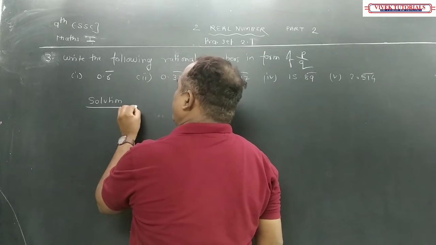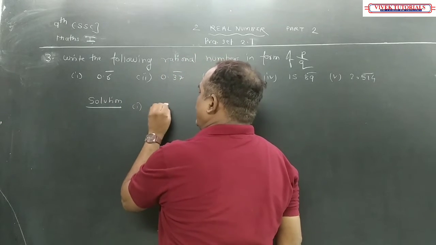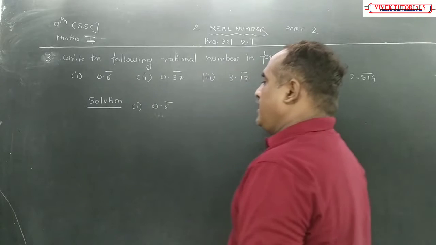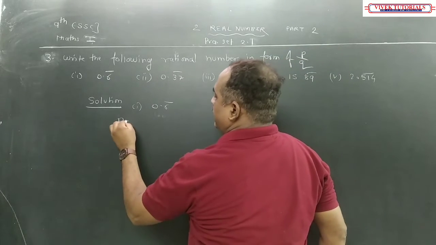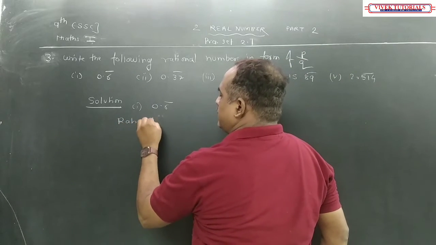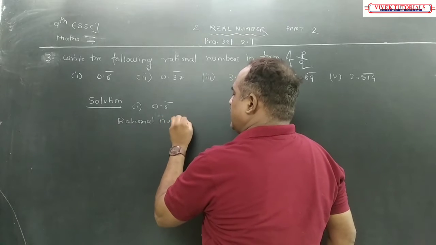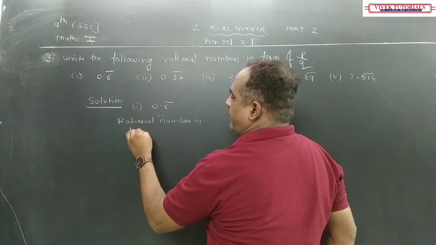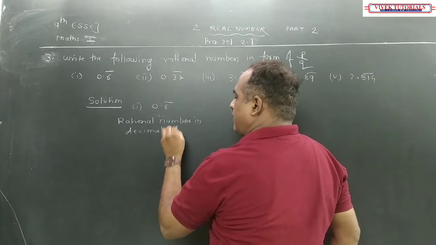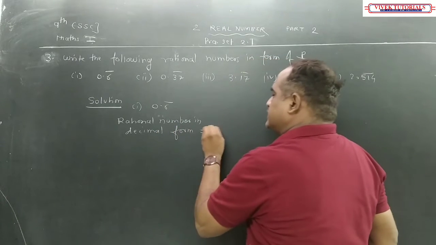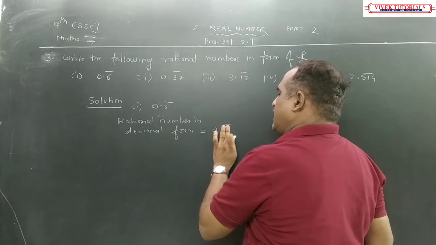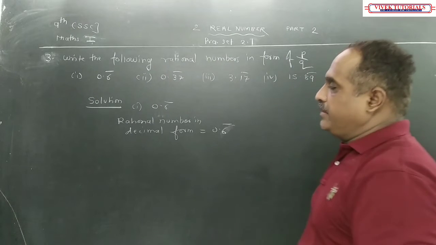So first one is 0.6 recurring. So rational number in decimal form, what is 0.6 recurring.